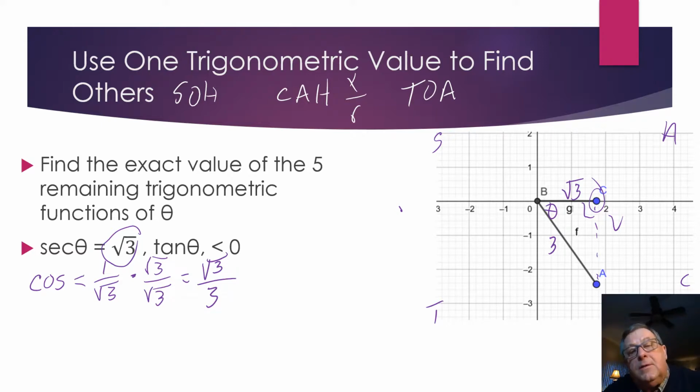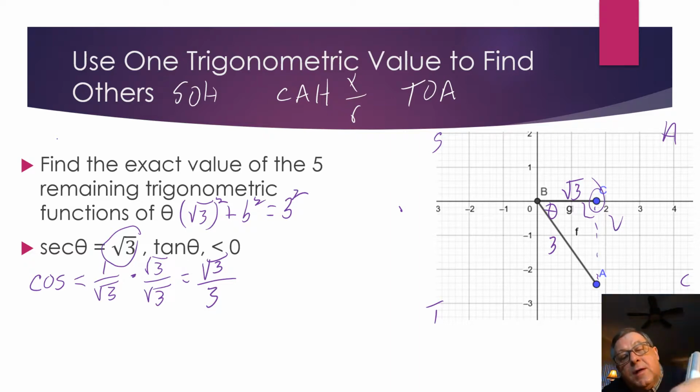So I'm looking for a place where I got some room to work. We'll go right here. So then I've got the square root of 3 squared plus, let's say the opposite side, or b squared, equals 3 squared. Well, 3 squared is 9, and the square root of 3 squared is 3.